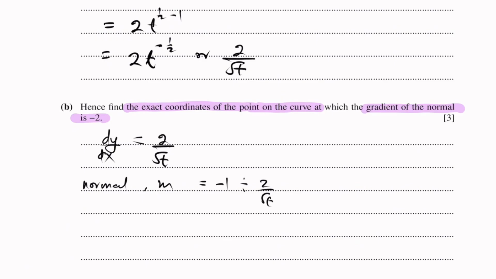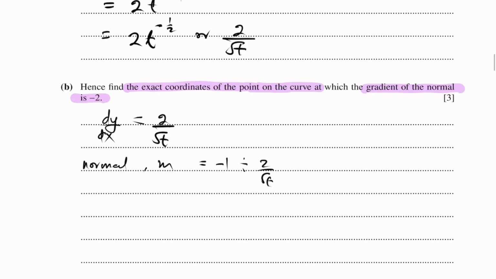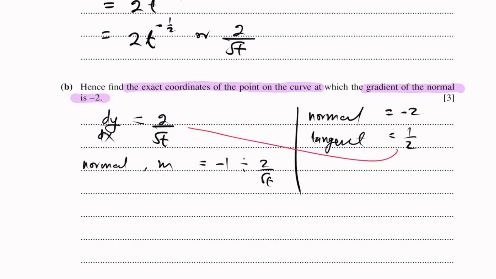Or you can also argue that if my normal gradient in the question is -2, then the tangent gradient is going to be half. And then you can equate this half to this. Okay, so tangent equals tangent. Or you can equate this normal gradient to this and also solve for t.